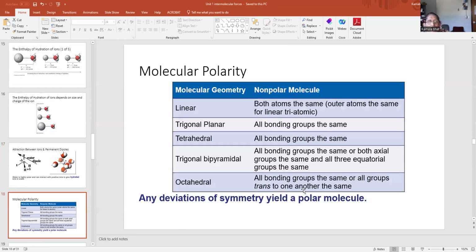Now, the molecular polarity. This goes back to what we studied in chapter 8, and that is molecular geometry. If the molecular geometry is linear, then the outer atoms are the same for a linear triatomic structure.